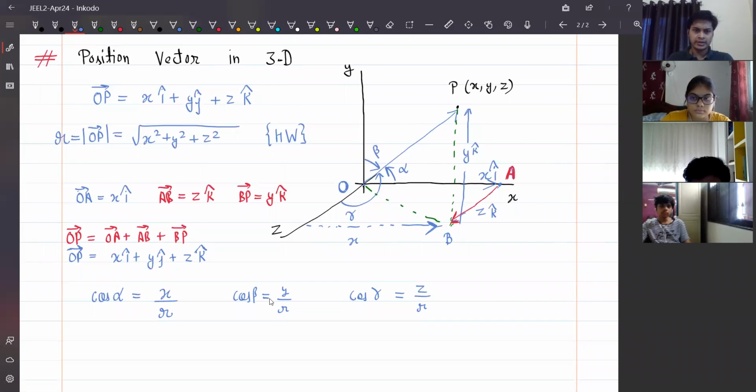So the calculation is a little bit complex. If you try to figure it out, you can find it. But let us keep it here. And this cos alpha, cos beta, cos gamma, they are called direction cosines.